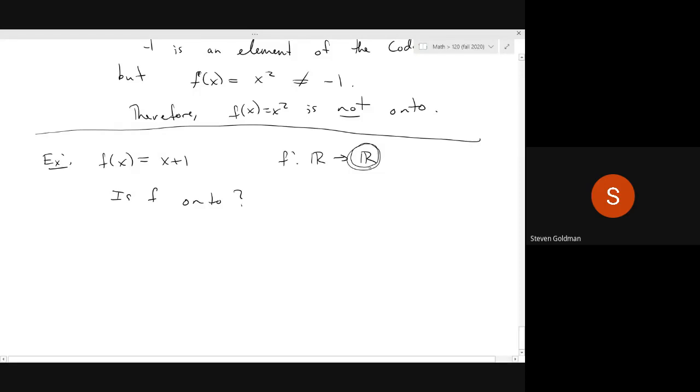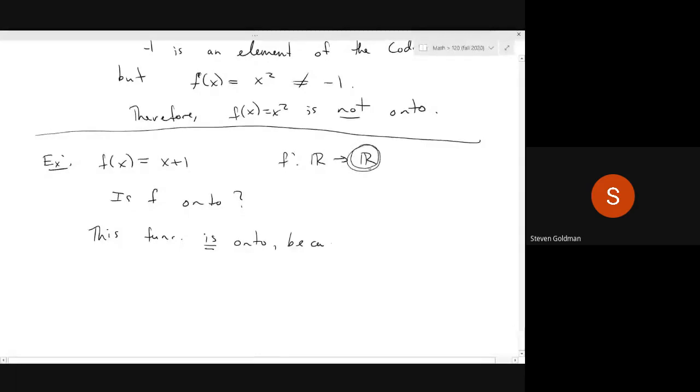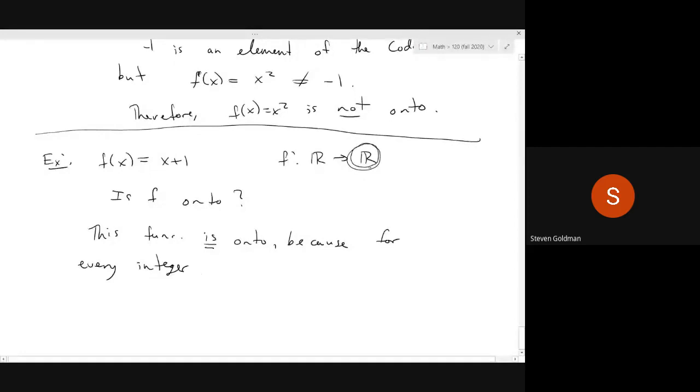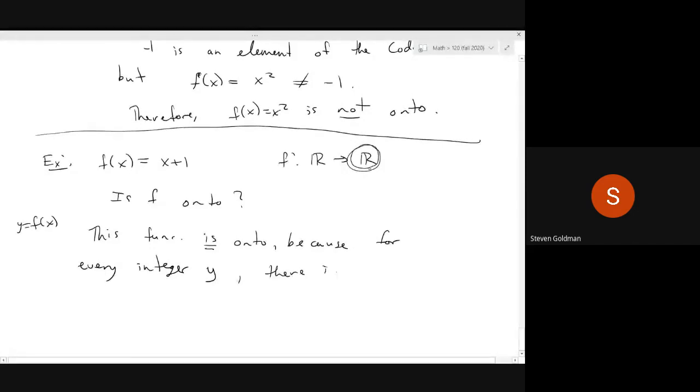So let's write it this way. This function is onto, right? Because for every real number y, let's call it y. Remember, y is the same thing as f of x.